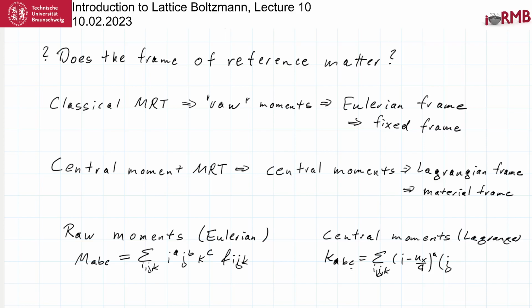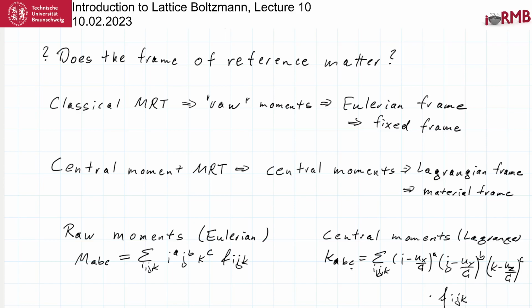We modify j, we subtract the y velocity divided by this c, to the power of b, and we modify k by subtracting u_z divided by c, to the power of c, now this c is that one here, and all of this times f_ijk.